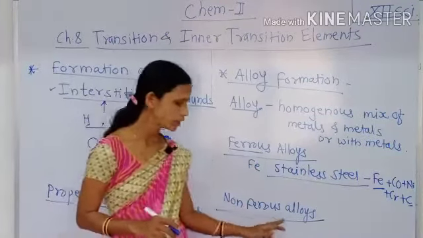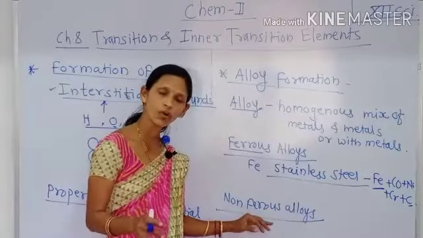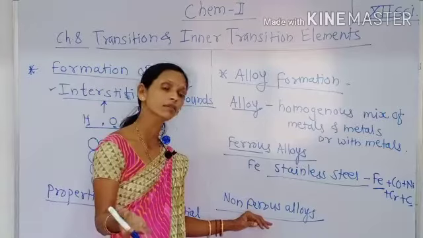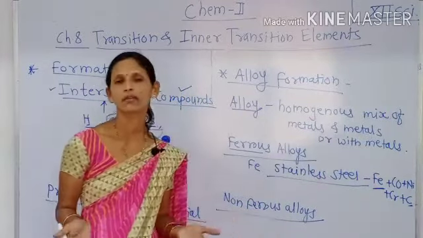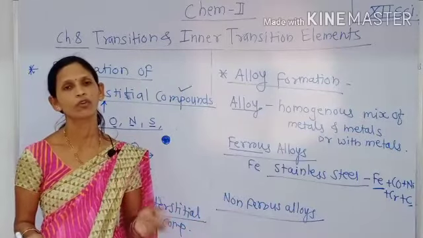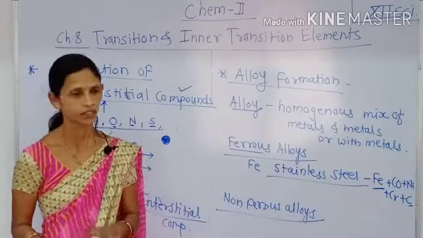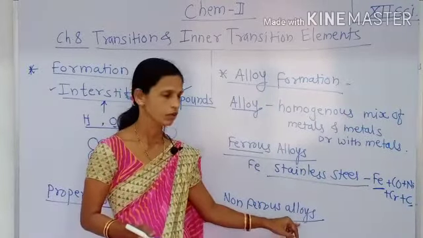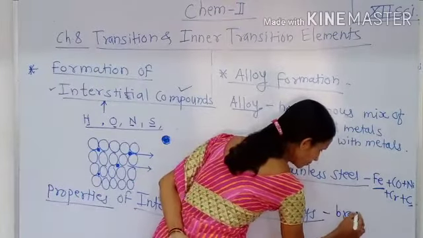Then non-ferrous alloys are the alloys formed from transition elements other than iron. That means other transition elements except iron form alloys with other types of elements. Such alloys are called non-ferrous alloys. For example, all of you know brass.